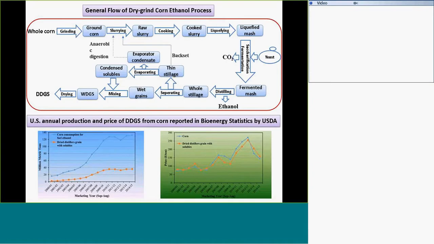This is the general flow of dry-grind corn ethanol production processes. Corn grain contains a lot of phytate in the kernel, and during the fermentation processes, bacteria are not able to degrade that phytate.